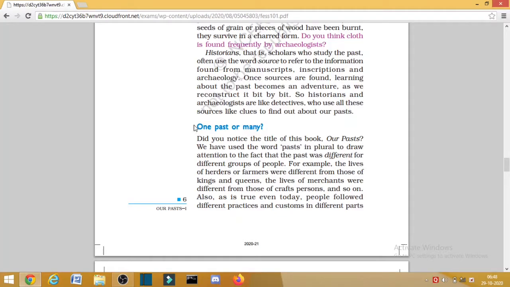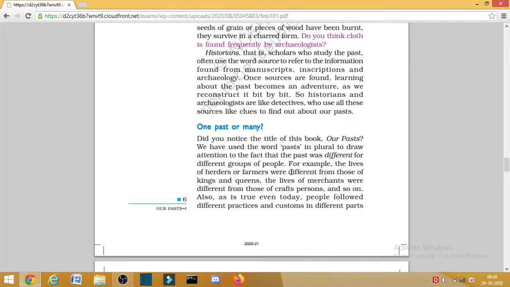Now let us see: one past or many. Did you notice the title of this book? Our Past. The name of our history book of class 6 is Our Past. Did you notice that? We have used the word past in plural to draw attention to the fact that the past was different for different groups of people.